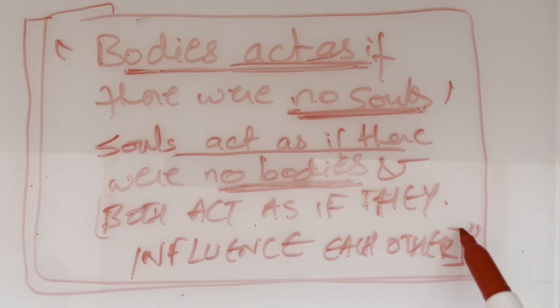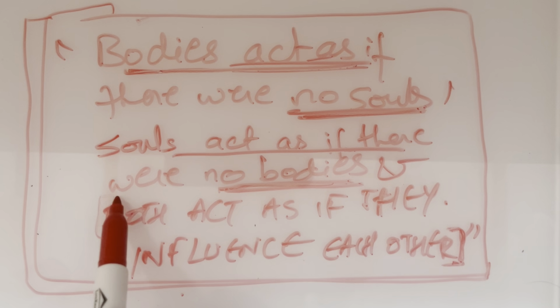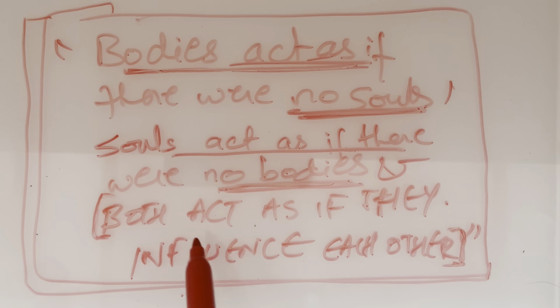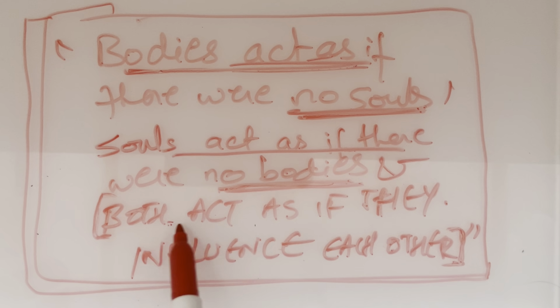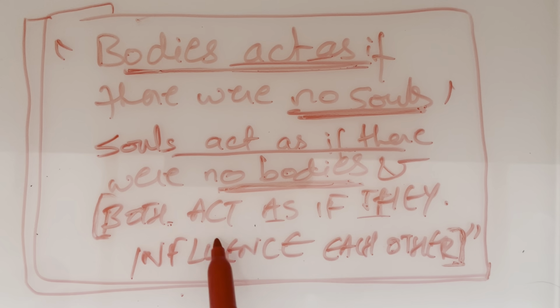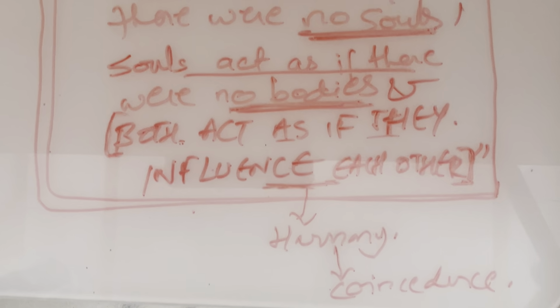The interaction is only apparent, and there is a pre-established harmony because of which we feel that both act as if they influence each other. This feeling that both are influencing each other comes from the notion of harmony, and that harmony is pre-existing, and that pre-existing harmony is dictated by coincidence between the plans of God and the plan of each individual monad.